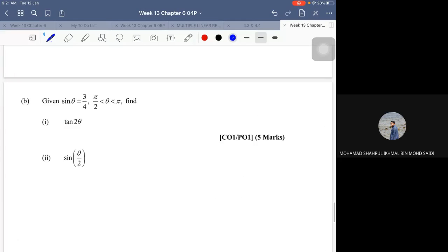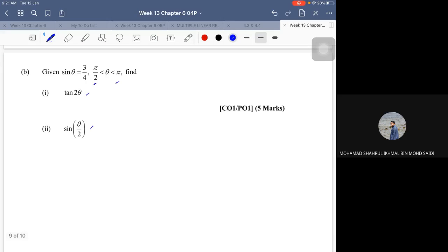Okay, first this one. So dia kata given sin theta adalah bersamaan dengan 3/4. So theta ni dia adalah nilai antara pi per 2 dengan pi. Okay, knowing this information, so kita kena cari tangent 2 theta dan juga sin theta per 2. Okay, first kali, so benda yang you kena verify adalah, so theta ni dia dalam kuadran yang mana satu.